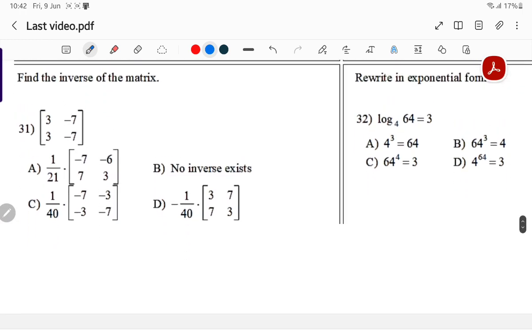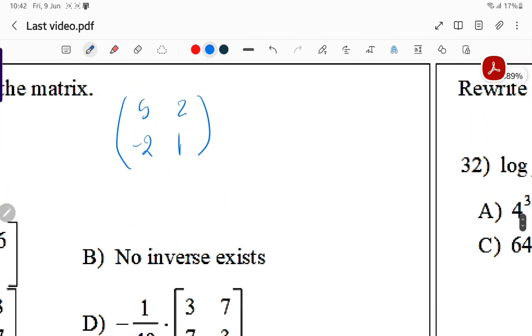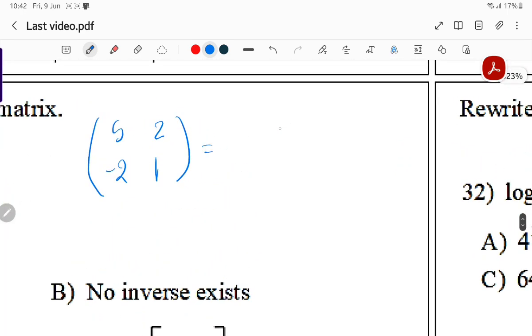Here we have the inverse of the matrix. To find the inverse of any matrix, for example, 5, 2, 3, -1, or -2 here and here 1. To find the inverse of this matrix, you have two parts. The second part is the matrix itself.